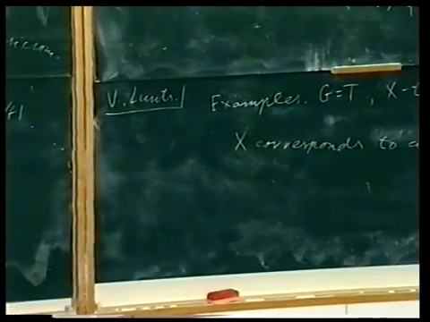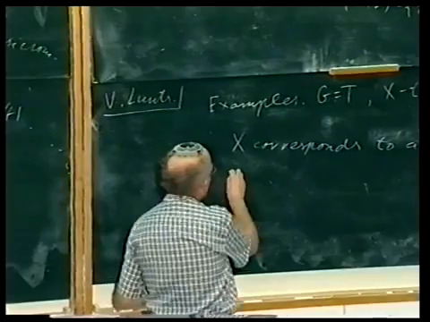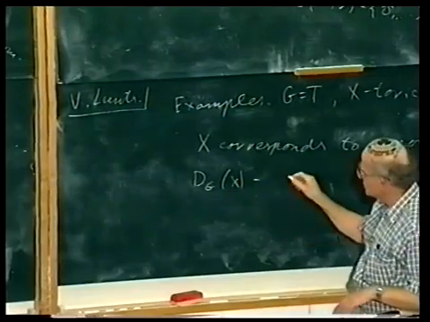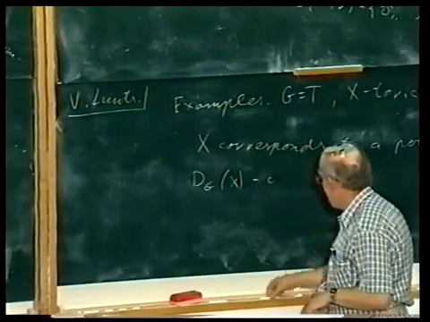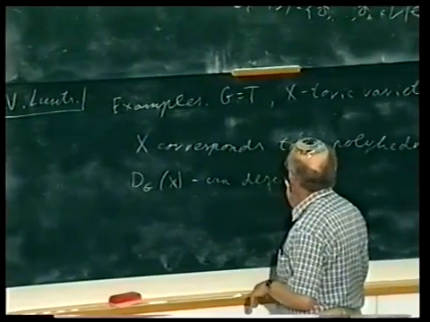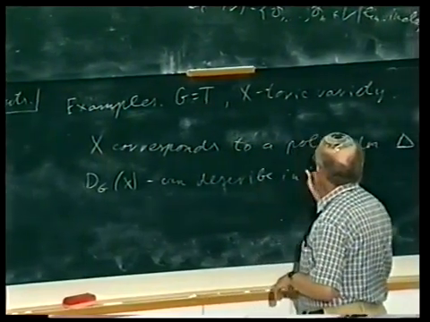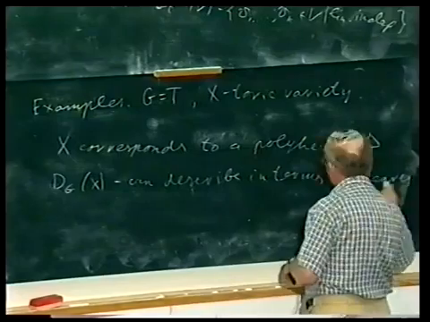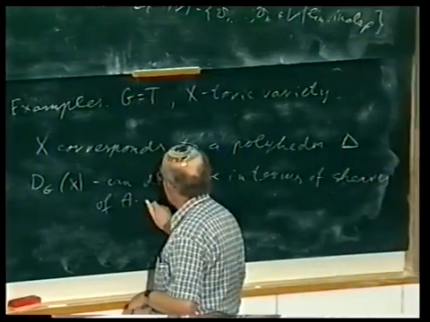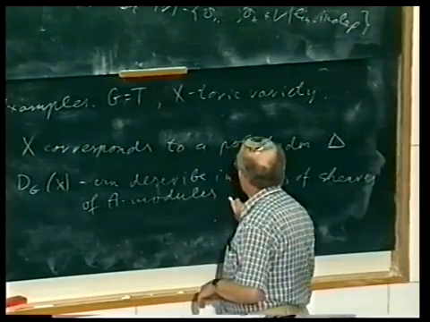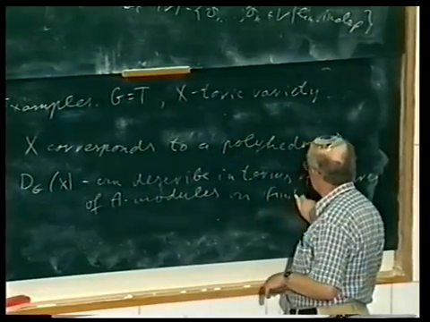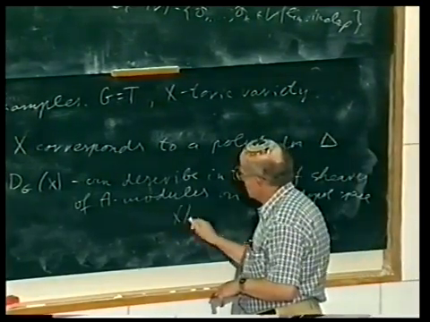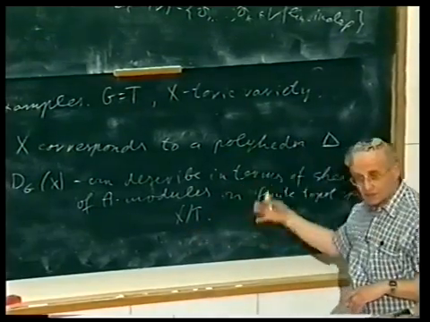For instance, he has proven that in this case you can describe dg of X in terms of differential graded sheaves of A models on the finite topological space X mod T. You can consider X mod T, which will be just orbits.